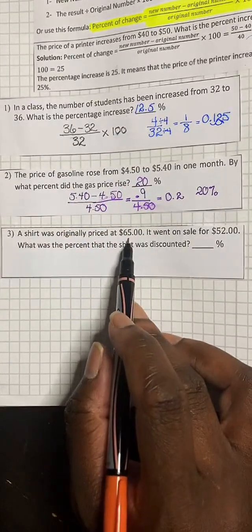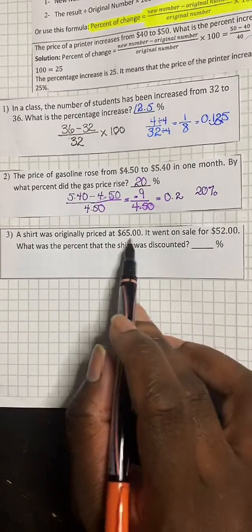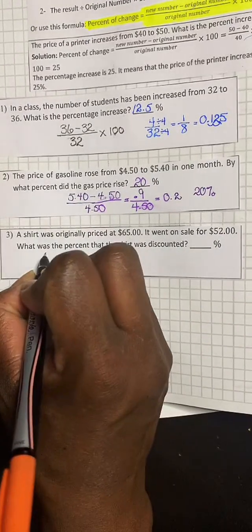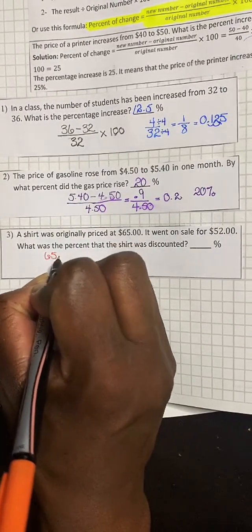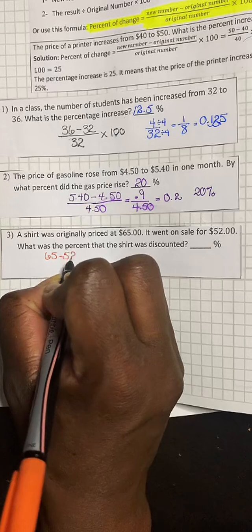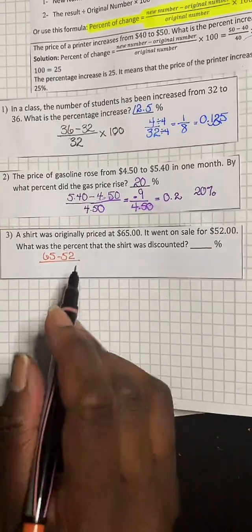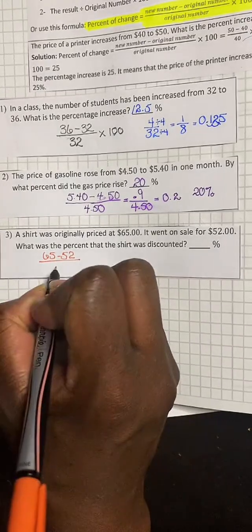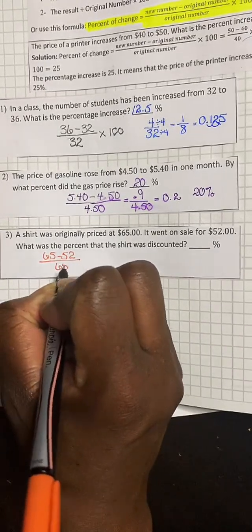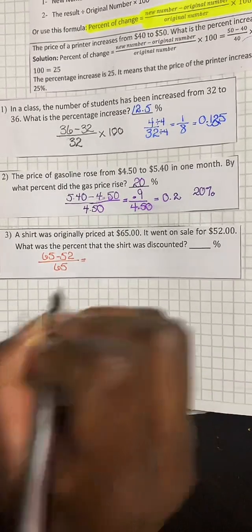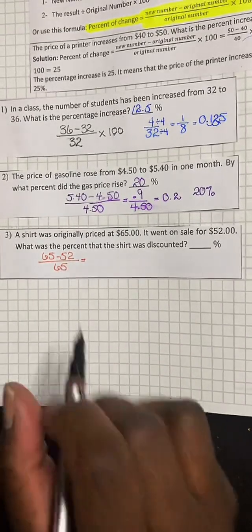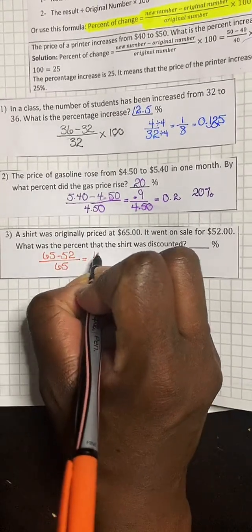So we're starting with the 65 and the 52. The difference, so we have 65 minus 52, and it's going to be over our original. So the original was 65. 65 minus 52, that gives me my 13.